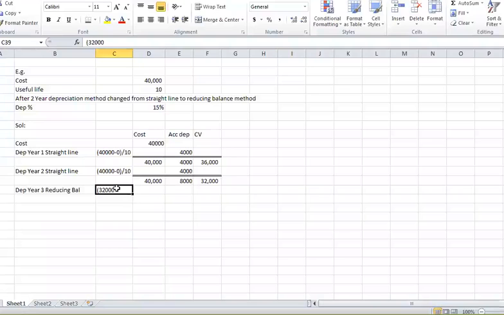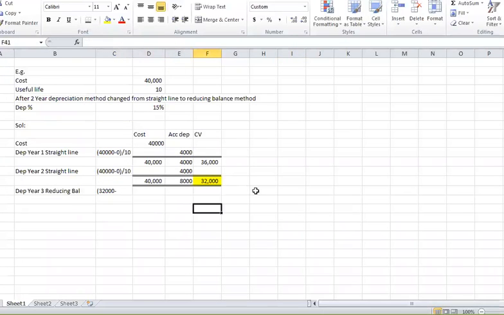So let's see, 32,000 pound is the carrying value. You can see over here, 32,000 pound is the carrying value. So how to calculate depreciation? Carrying value minus accumulated depreciation after change in estimate. So students, we will apply a cutoff over here, and we will start charging depreciation in a different way.